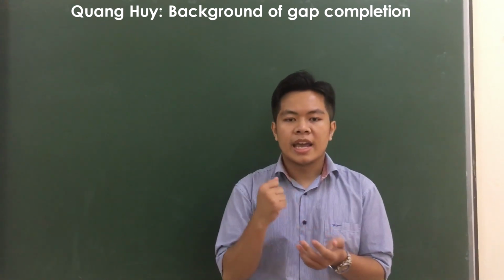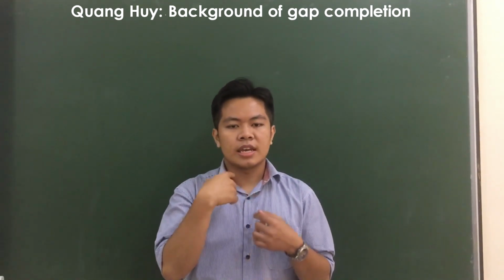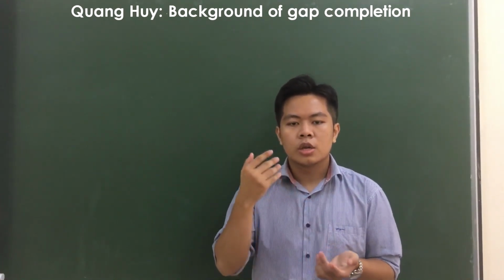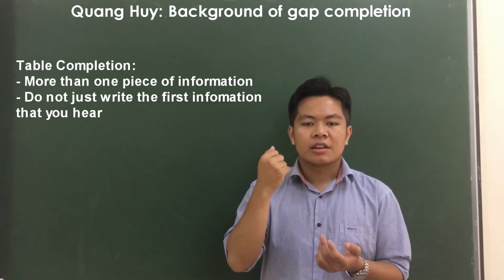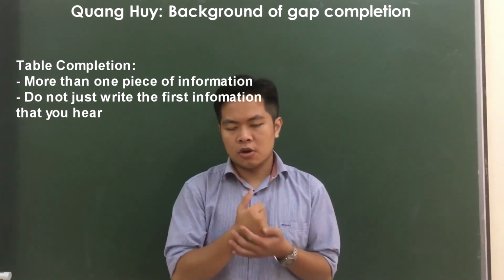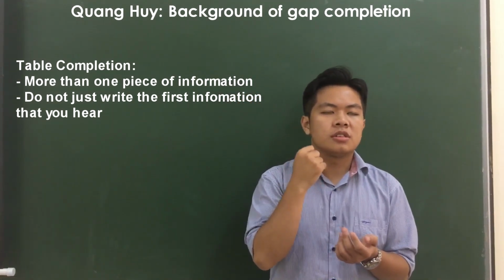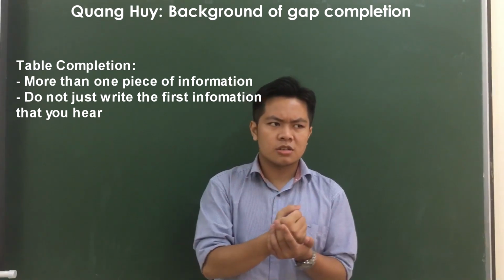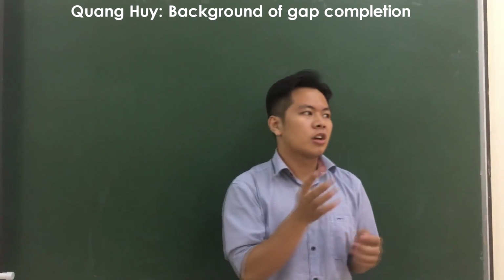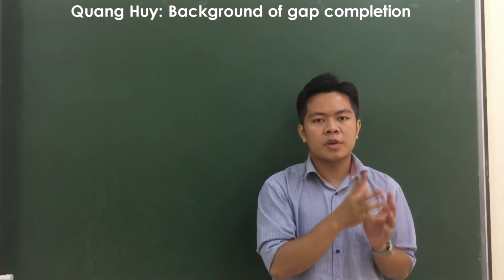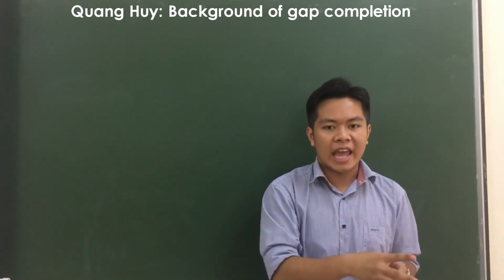For example, in the table completion, you will often hear more than one piece of information that could fit in the gap, so you do not write the first information that you hear. You have to consider the information that you want to fill in the gap.